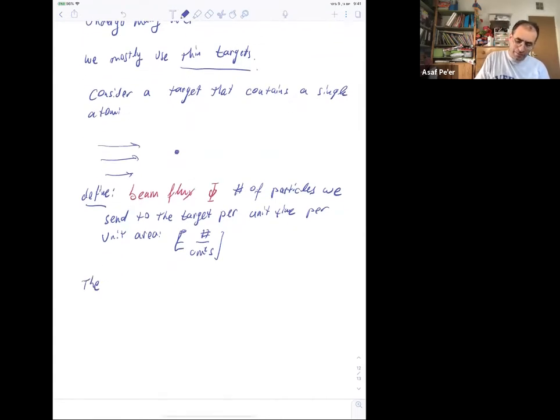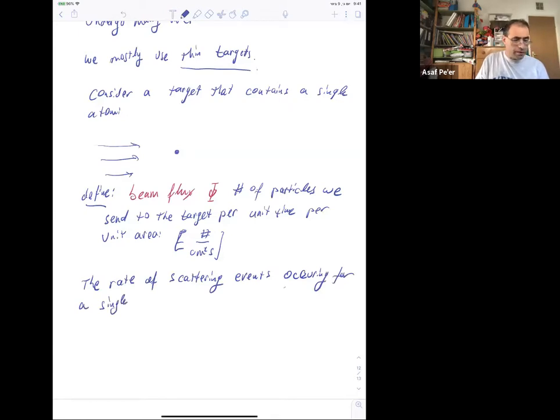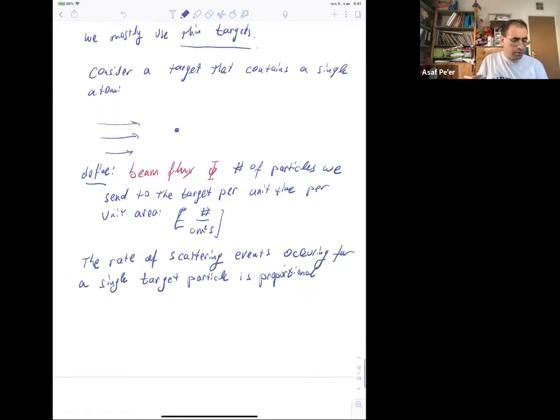So the rate of scattering events occurring for a single target atom or particle is proportional to the flux of incoming particles.